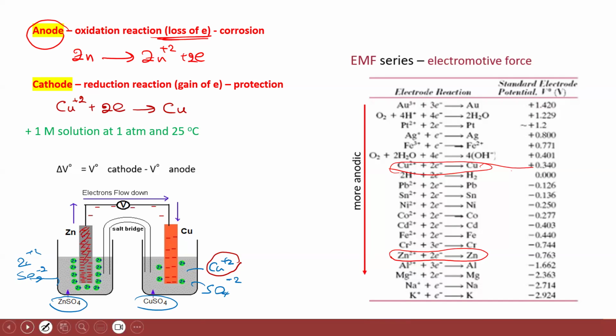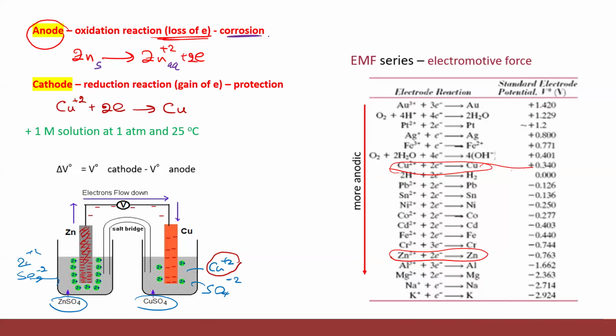Zinc is a solid, and it is losing electrons. This is becoming an aqueous media because ions are in the solution, isn't it? What's happening to that metal? Is it gaining more metal or is it losing weight? It's losing, because it is becoming an ion. It is adding zinc to the solution from the metal. Corrosion is that. We are losing that metal.